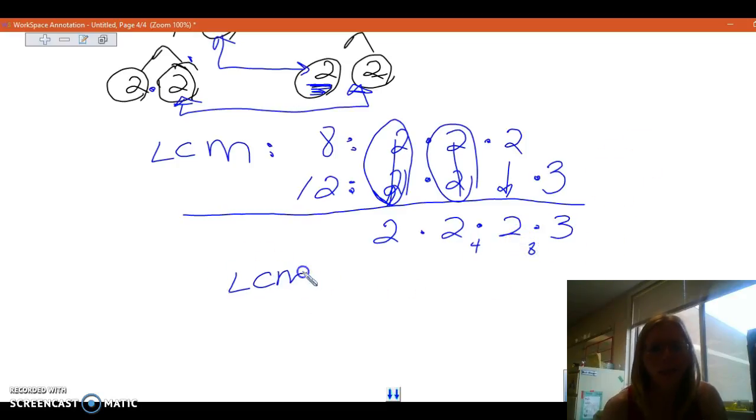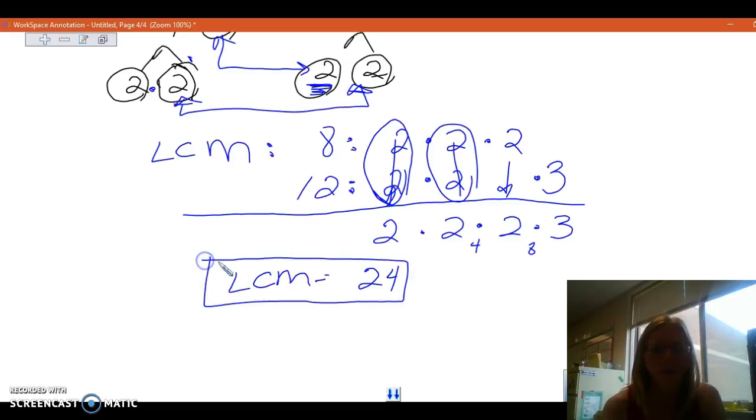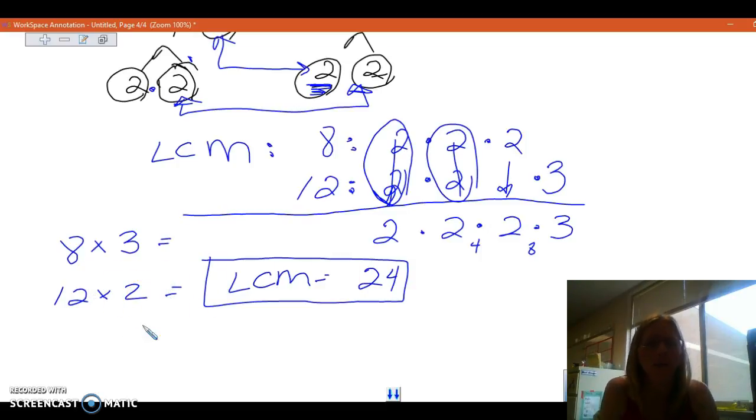And we realize that the least common multiple of 8 and 12 is 24. Doing a quick check, well, yes, that's true, because 8 times 3 is 24, and 12 times 2 is 24. That's fairly low, so that must be the least common multiple.